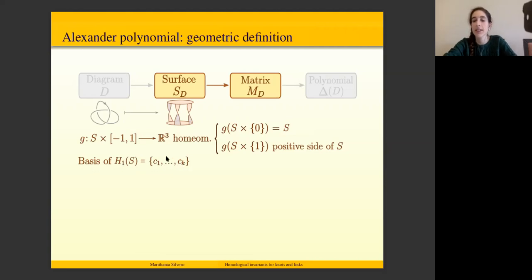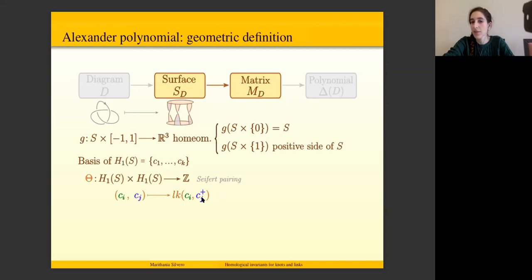And now we are going to define this Seifert pairing, which sends two generators, two curves in the basis of the first homology group of the surface, to the linking number. Recall from the first part of the talk, this linking number of the first one and the lifting of the second one.